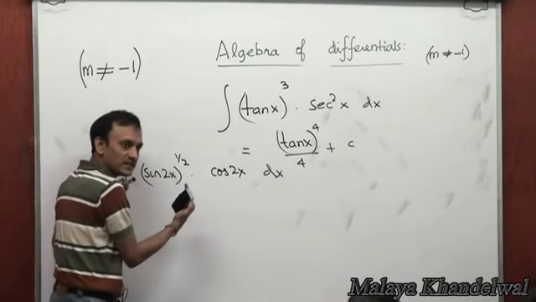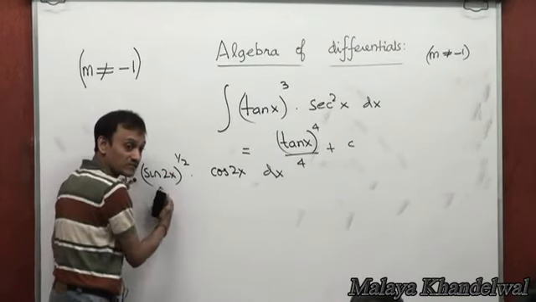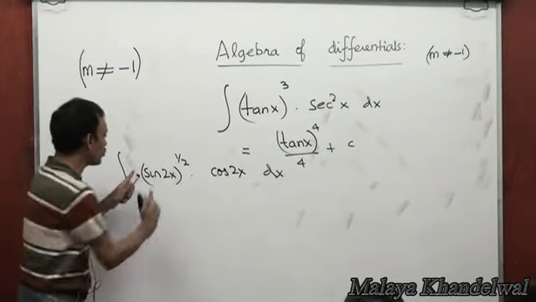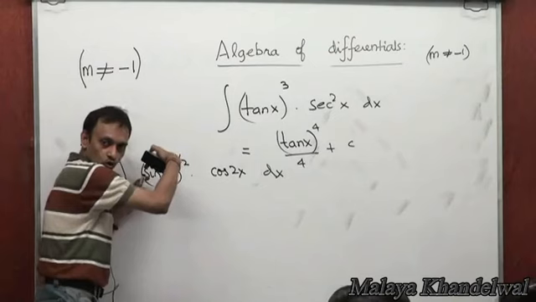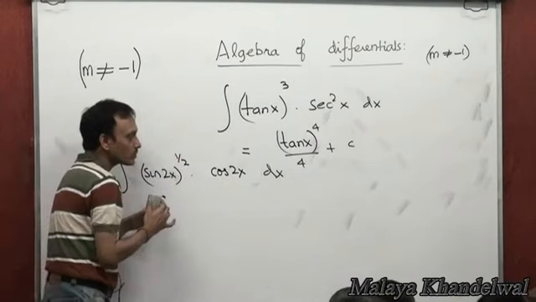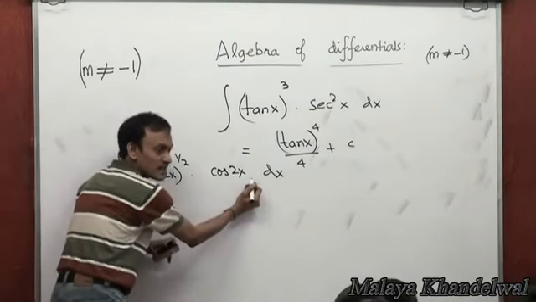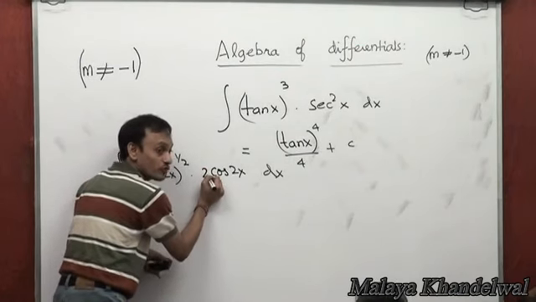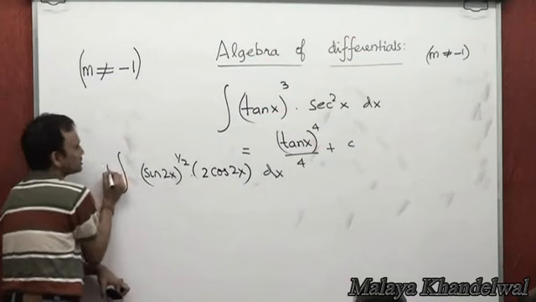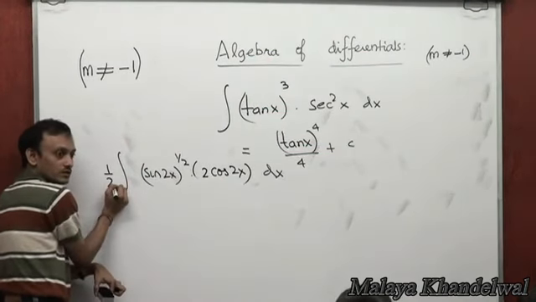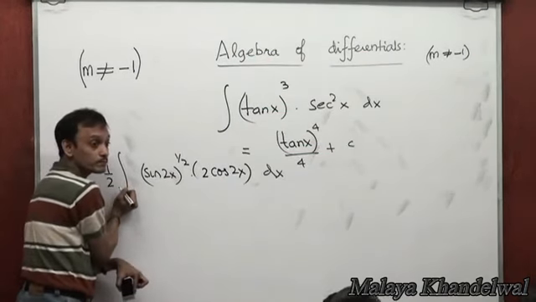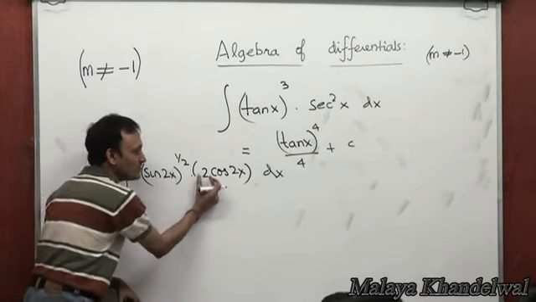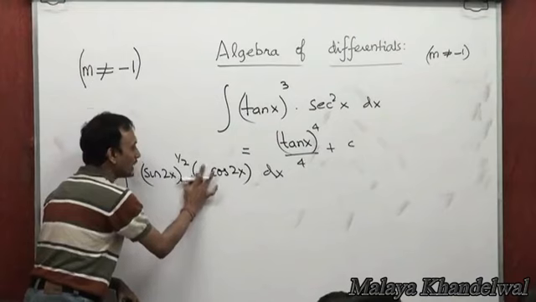The derivative of sine 2x is 2 cos 2x. But we just have cos 2x. It doesn't hurt bringing a 2 from nowhere, but then managing it out here. You know why we did this? Because we wanted to make this the derivative of this. That's why we multiplied by 2.